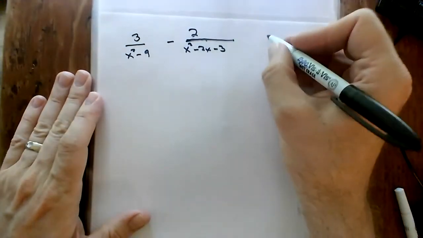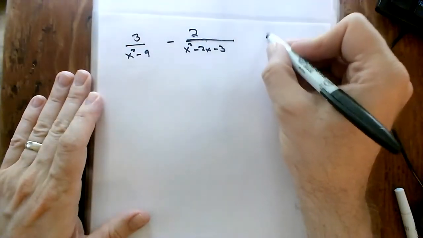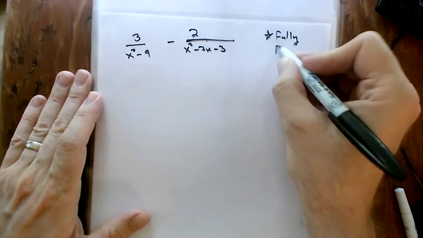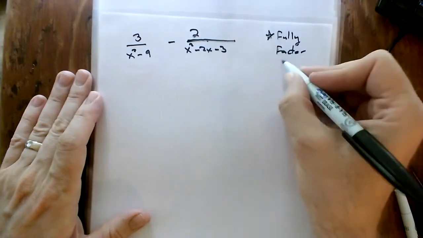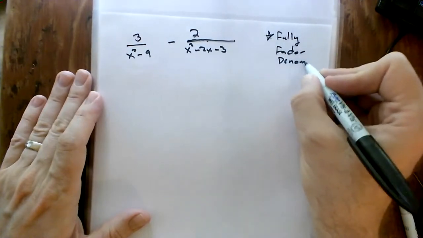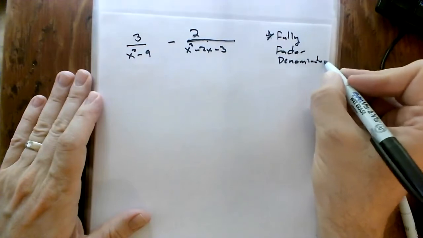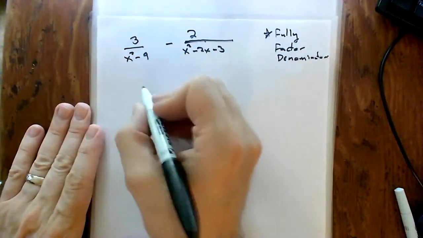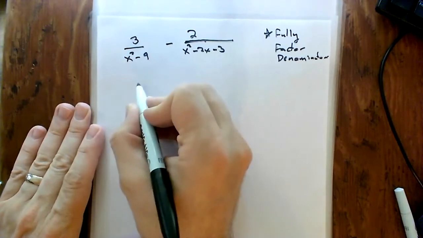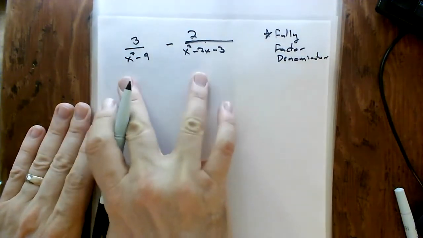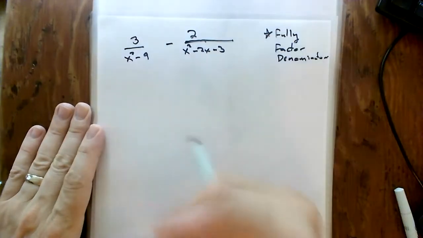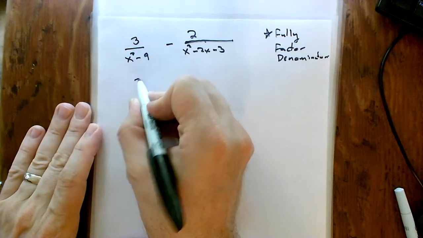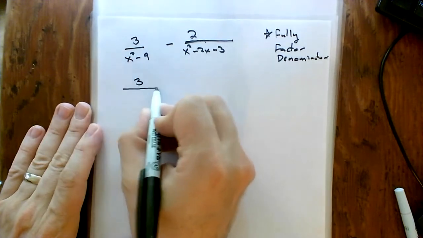So our first step is going to be, we're going to fully factor our denominators. I'm not going to go through the process of factoring here. I'm just going to show you what the result is. So if you are trying to figure out what happened in this next step, I would encourage you to pause the video and work these out.